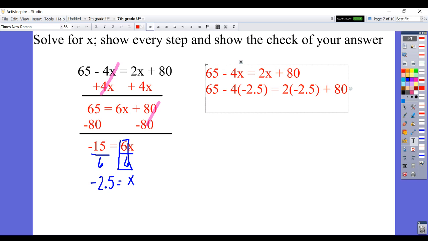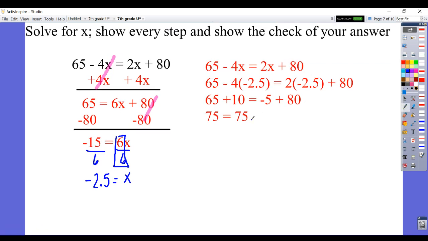So 65, a negative 4, and a negative 2.5 would be a positive 10. And over here, I'm going to get negative 5. So 75 equals 75, and that checks.